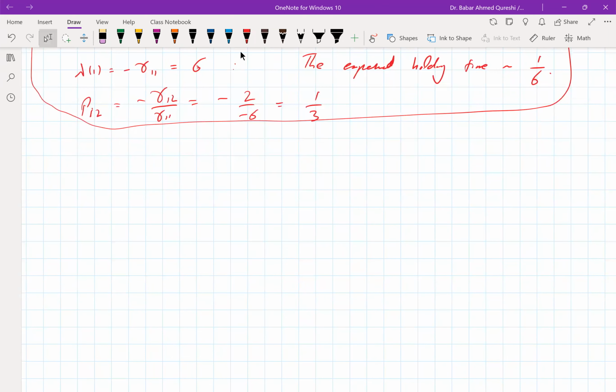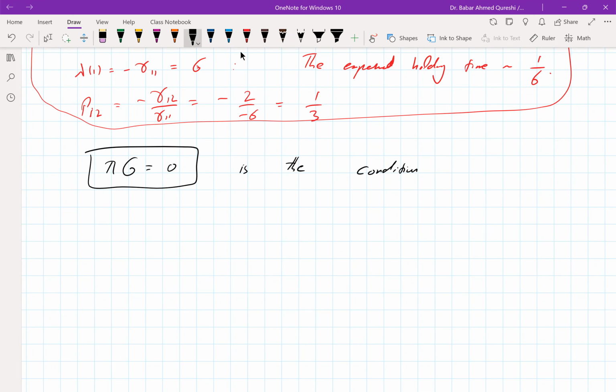Now we then discussed various theorems, and essentially our main result was that, just like in the case of discrete processes, this gives you the condition for stationary distributions.